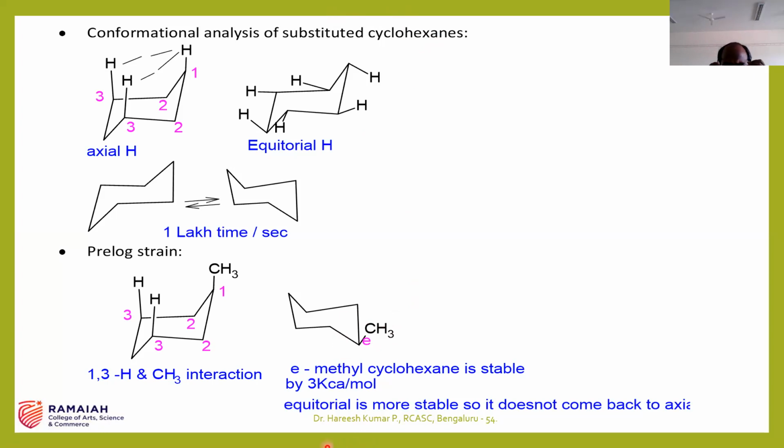So what you need to remember? You need to remember that axial substituted ones are unstable compared to the equatorial substituted one. In the axial substituted one, there will be a 1,3 diaxial interaction.